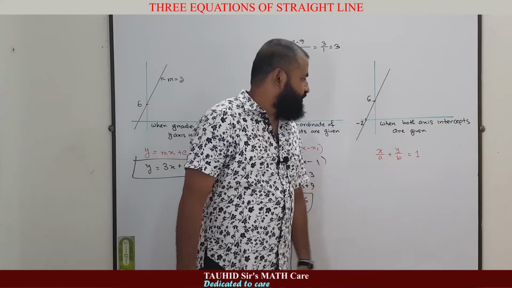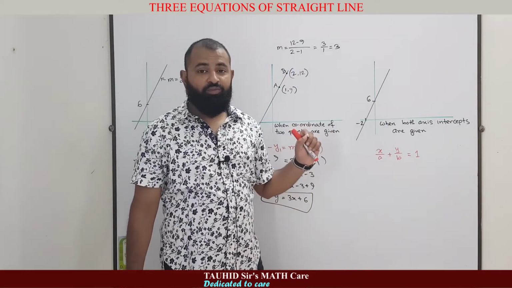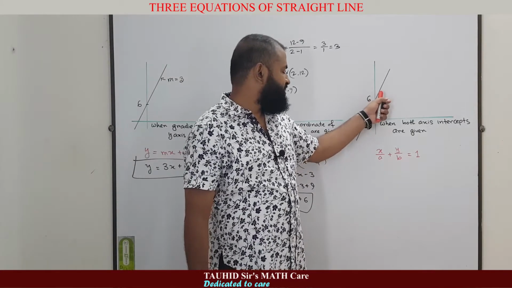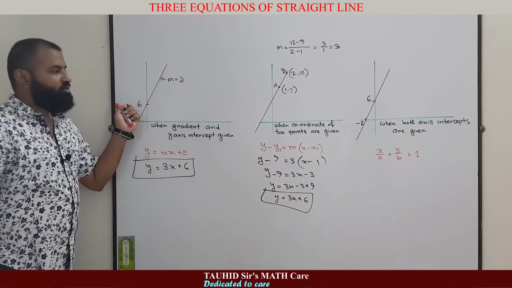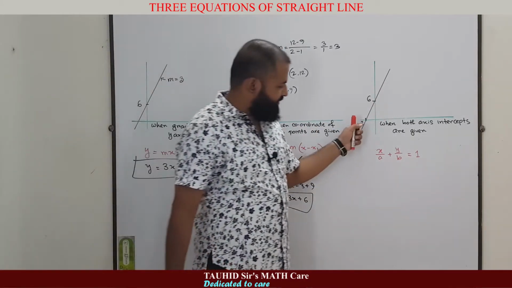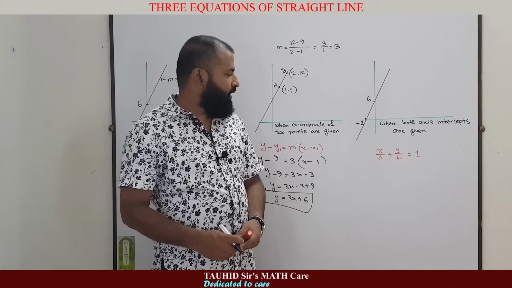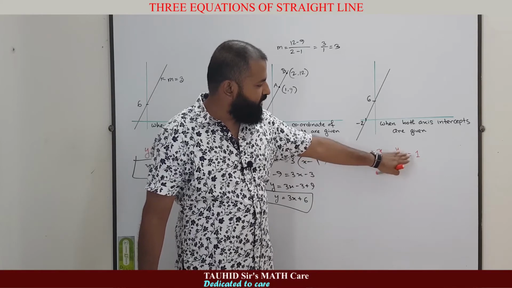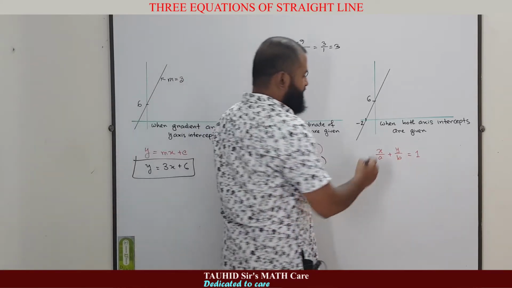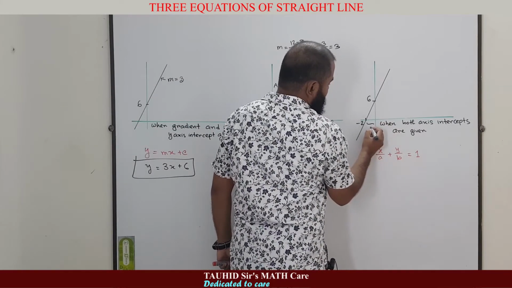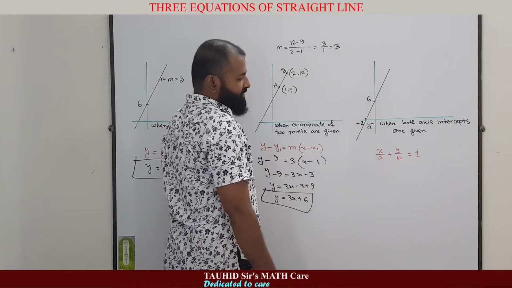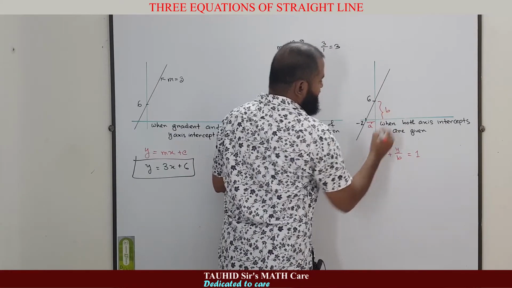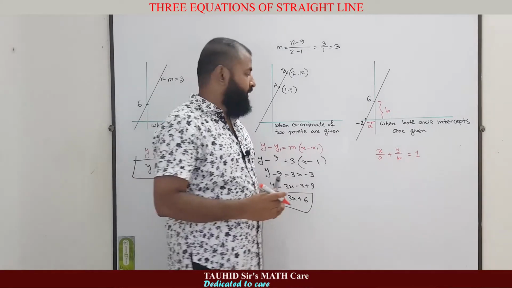Now the third example, the same straight line, here the information given is that y-axis intercept is 6 as told here and the x-axis intercept is minus 2. Now we will use the formula x divided by a plus y divided by b equals to 1. What is a? What is b? This is a, the x-axis intercept, and this is b, the y-axis intercept.